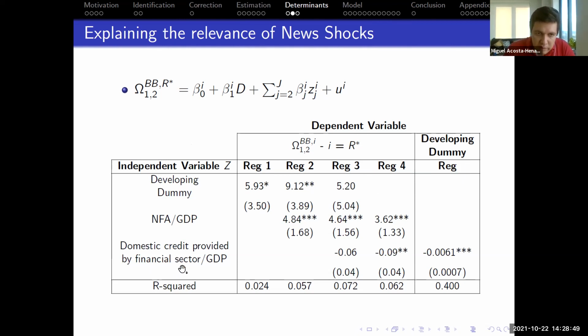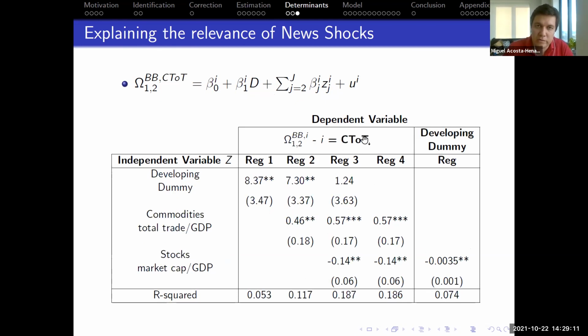But more importantly here, and this could have different explanations, but this one, which is more at least stylized, is that when domestic credit provided by the financial sector, which we interpret as financial inclusion, is higher, the lower is the share of output variance explained by news shocks to foreign interest rate.